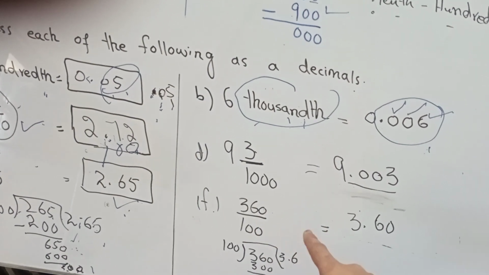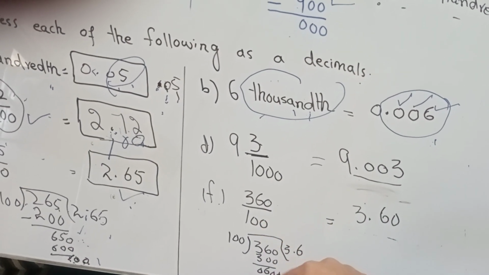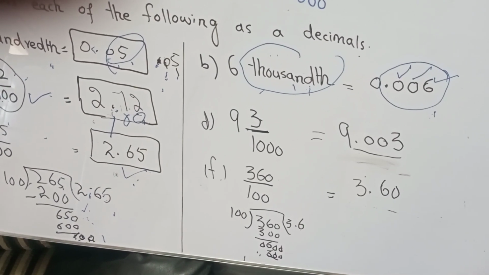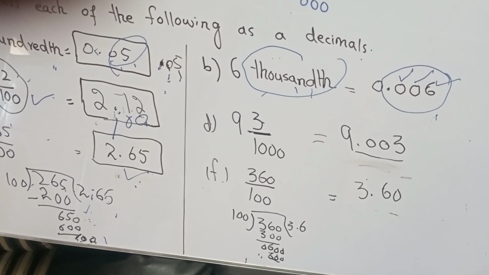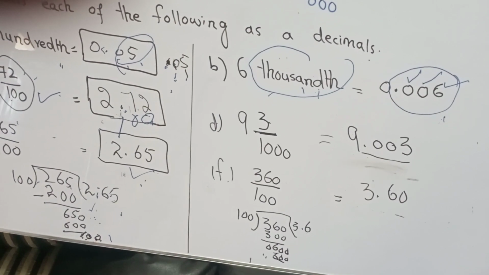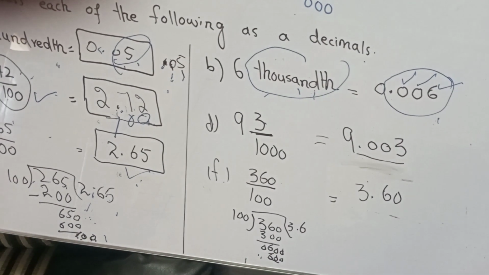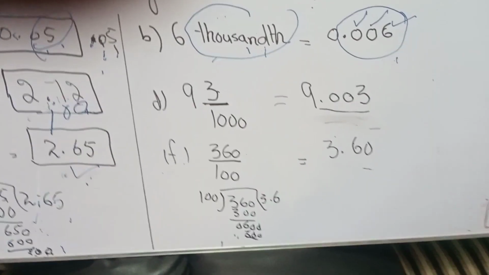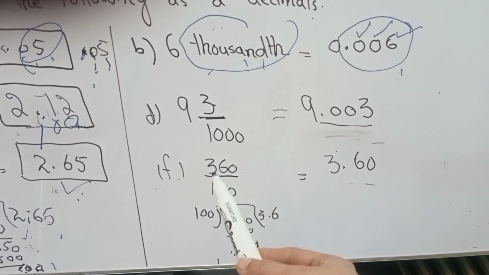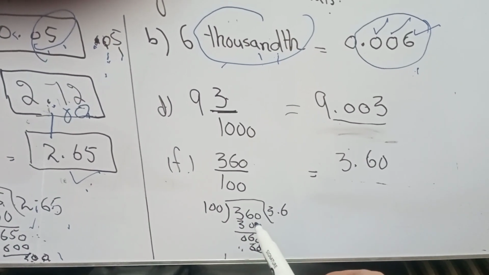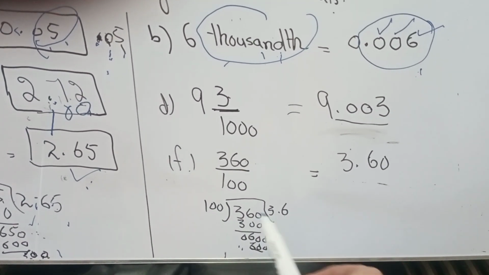Now we have 360 upon 100. This is again an improper fraction, and you must change it into decimal, the same way. Again 360 divided by 100. How many times? 360 divided by 100, 3 times.